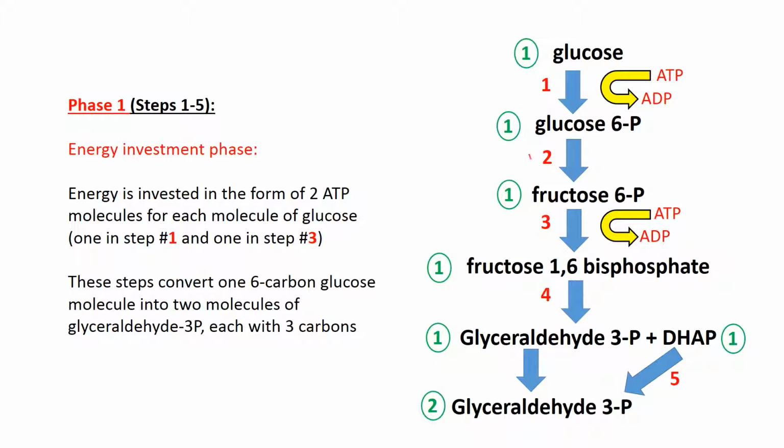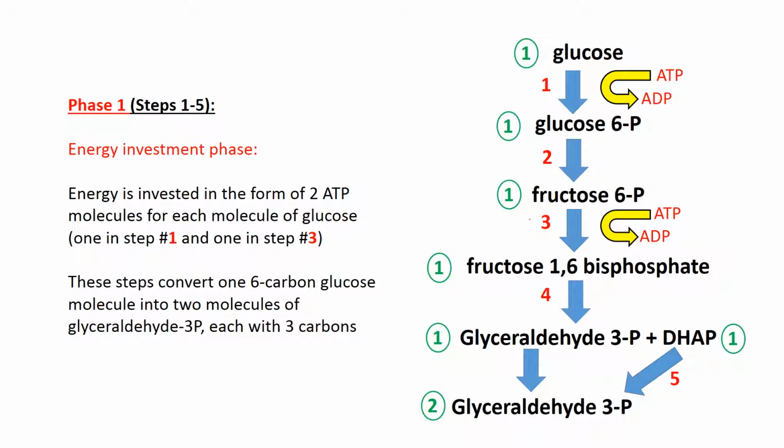Now in step 2, that would be this step right here, the glucose 6-phosphate is converted to fructose 6-phosphate. Okay, so in this step right here, glucose 6-phosphate to fructose 6-phosphate. And fructose 6-phosphate is also a 6-carbon sugar. This step consists of a reorganization of the atoms of the phosphorylated glucose molecule into a phosphorylated fructose molecule. That's all that happens.